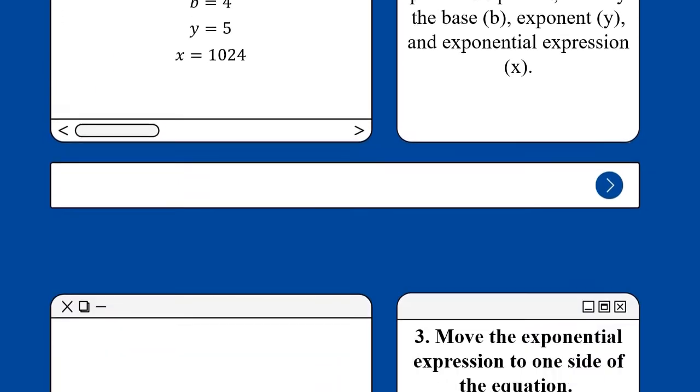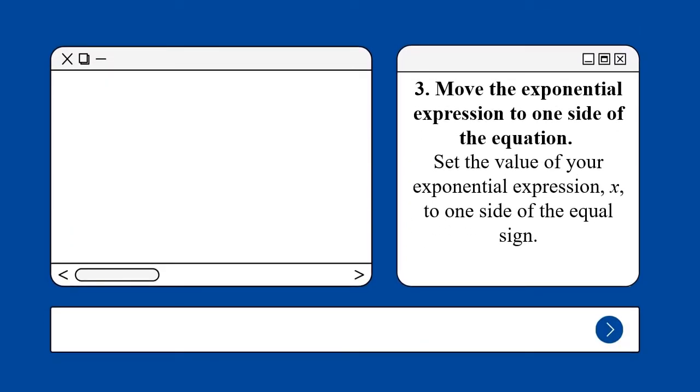Let's move on to the third step. Move the exponential expression to one side of the equation. So again, we have b raised to y is equal to x. So our x value that we get in the last example is 1024. And let's rewrite it into one side of the equation. So that will be 1024 is equal to the unknown.